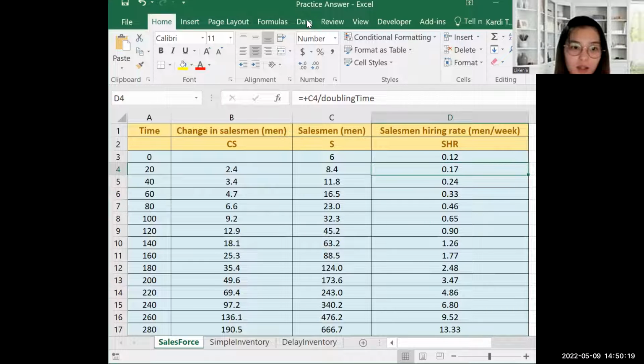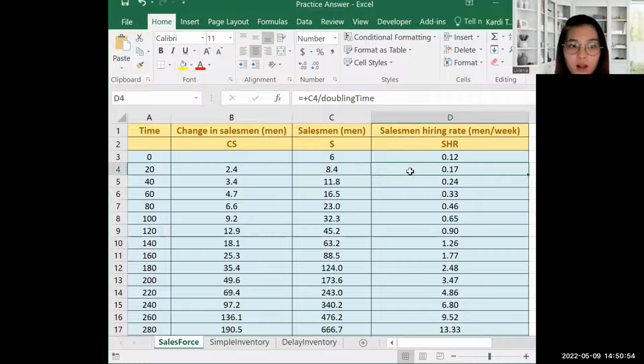Wait, let me try. Yeah, this hiring rate is a rate, okay, rate equation. It is given, right? This is practically you just put into the formula.